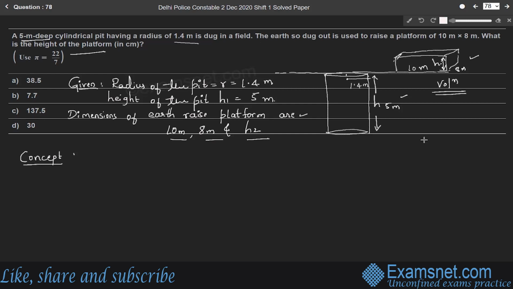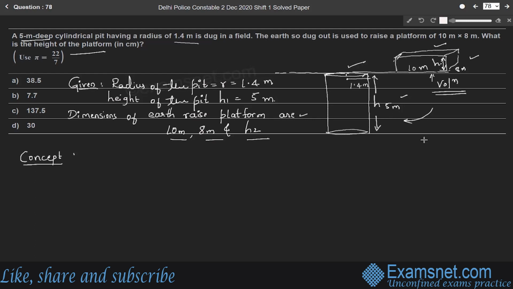This volume of the cuboid platform is equal to the volume of the cylindrical pit, because the same amount of mud is used to raise the platform, right? So the same amount of soil is used to raise the platform. Therefore, volumes are equal. Volume of the cuboid platform is equal to volume of the cylindrical pit.